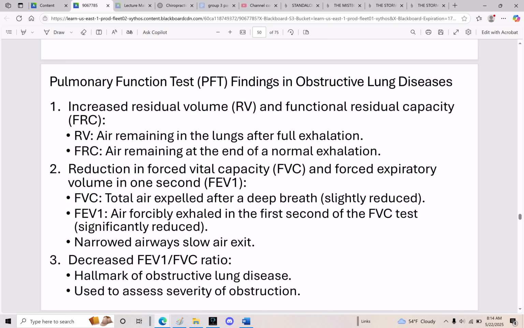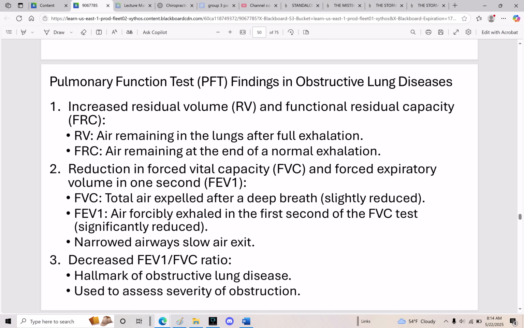So number 3 is very important. In your questions, you will see that somebody has the FEV1 to FVC ratio less than 80%. If your ratio is less than 80%, that's diagnostic. That's it. You're done.